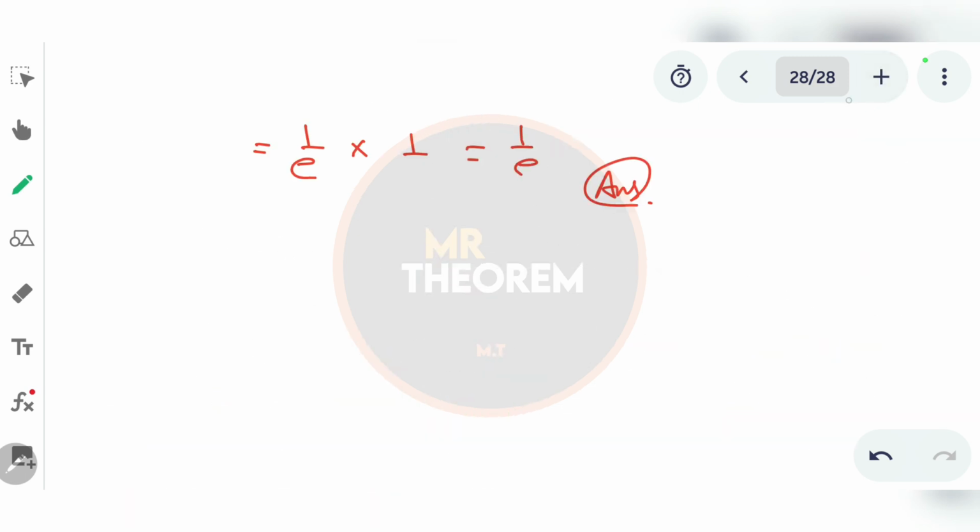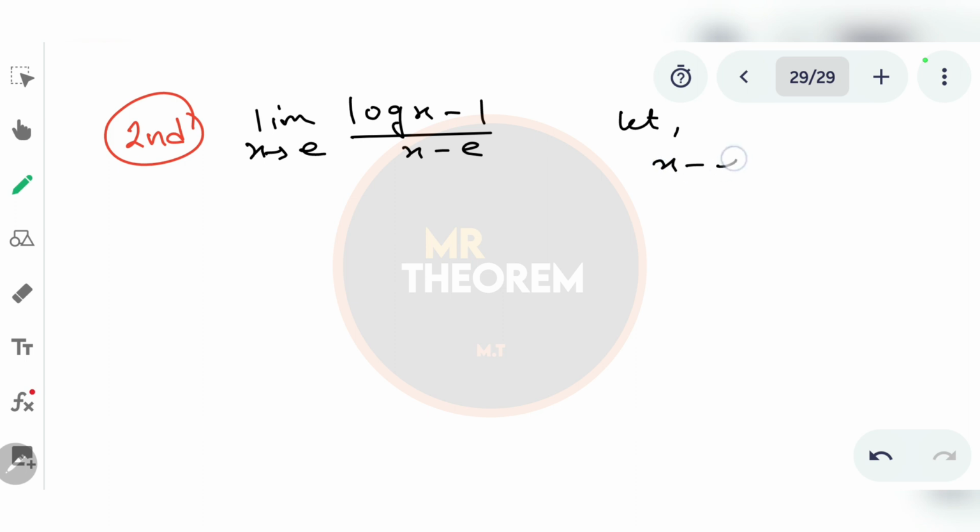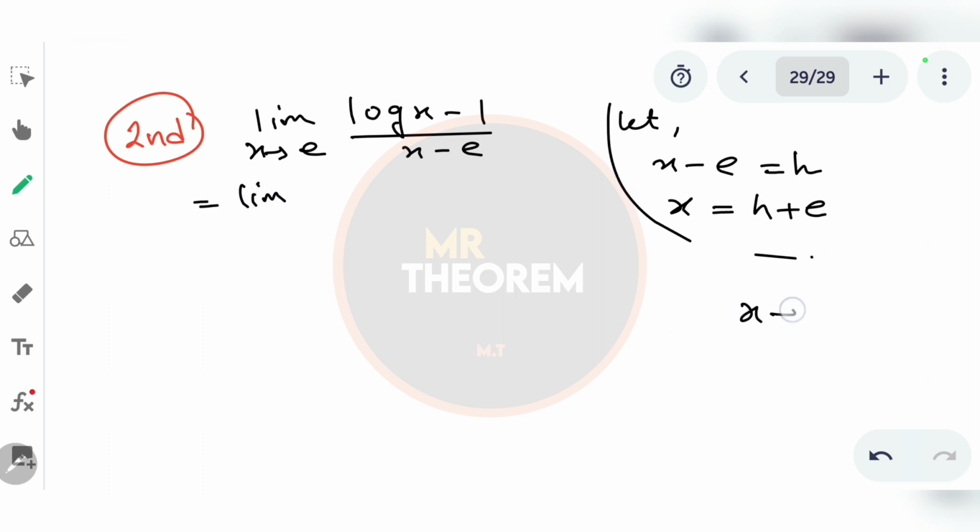Now we will explain the second method, that is how to solve it in another way. So first, limit x tends to e, log of x minus 1 divided by x minus e. Now let x minus e be h, so x will be equal to h plus e. Here we know that x tends to e, that is x minus e tends to 0, and we have assumed x minus e as h, so h tends to 0.